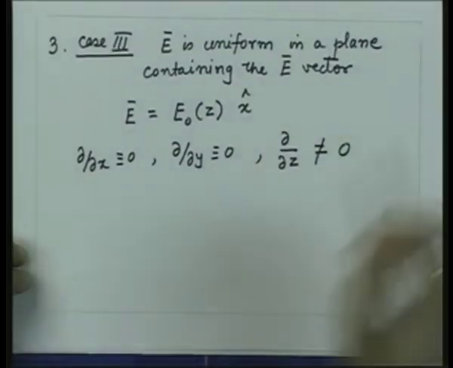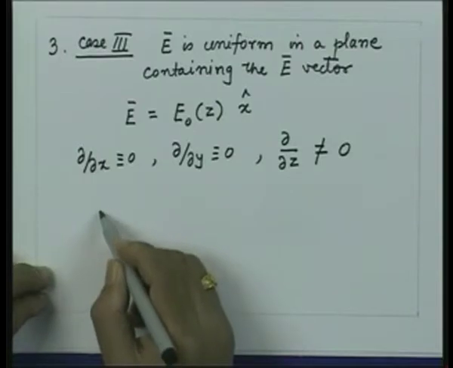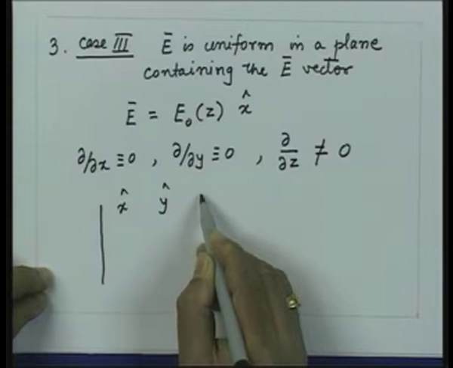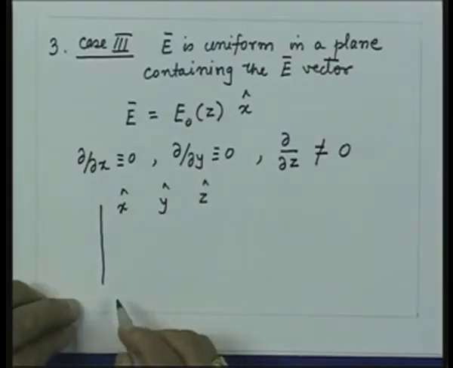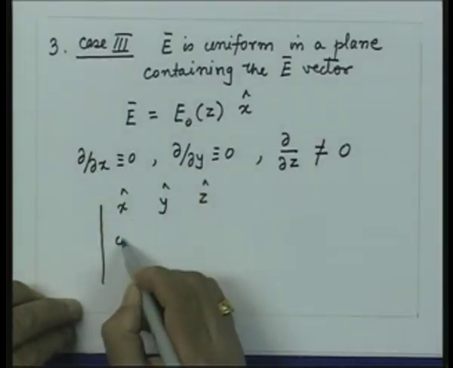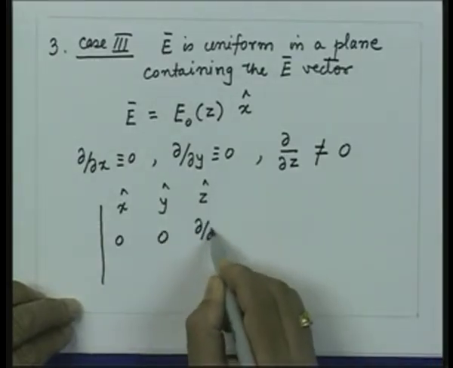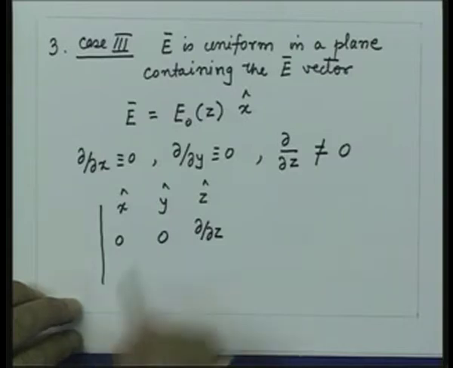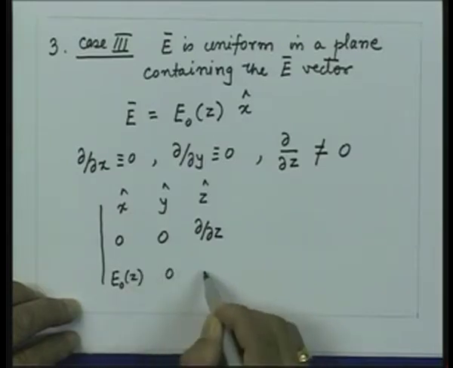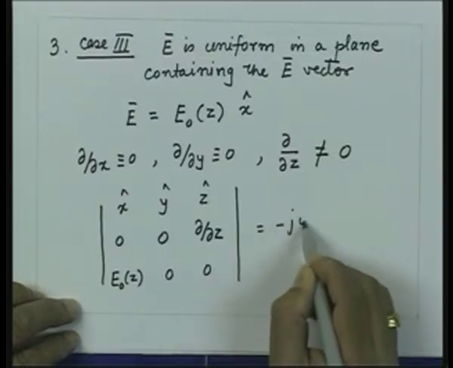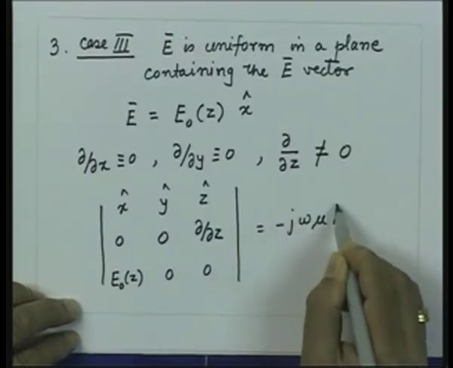I can go back to the same curl equation and substitute. So, I get here x, y, z, d by dx is 0, d by dy is 0, d by dz, x component of electric field is E0z, this is 0, 0, that should be equal to minus j omega mu into h.